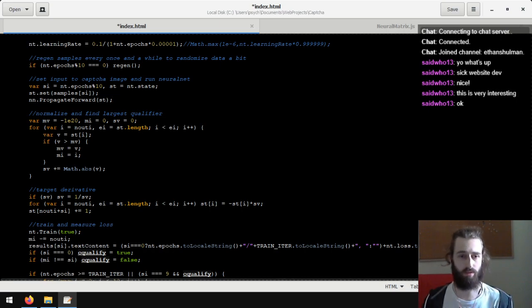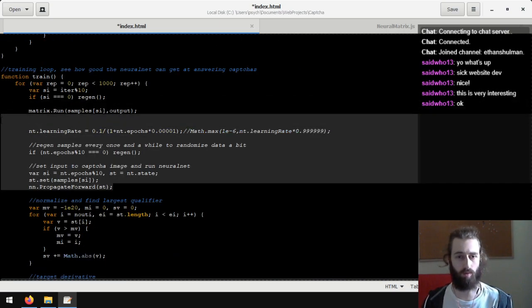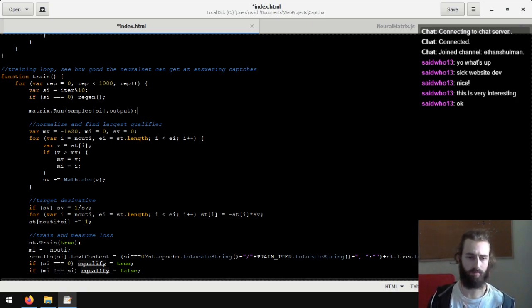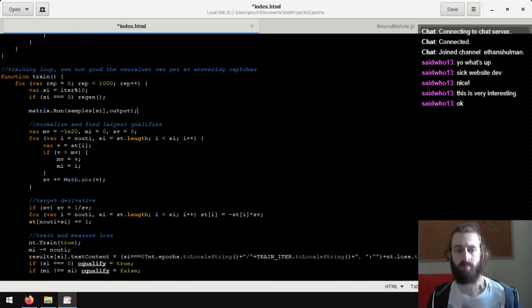And then we can still run this, finding largest qualifier. I don't know if we need to normalize it either. Yeah, do I actually need to normalize this to train it?